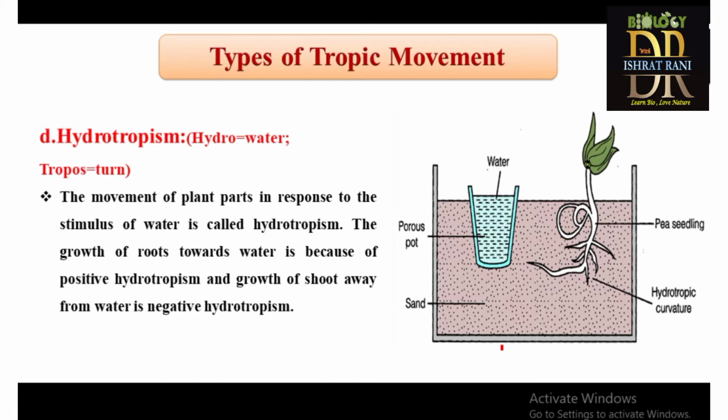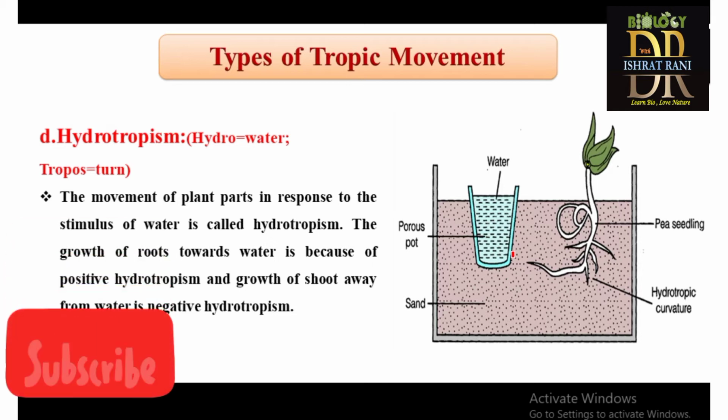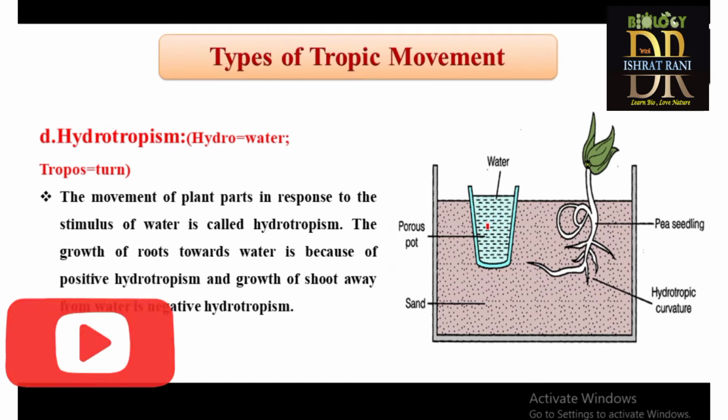Hydrotropism, as the name indicates, is movement due to the stimulus of water, and hydrotropism is shown by the roots, not by the stem. So here is the root of a pea plant, and here is a bucket of water with a porous pot, and due to its porous nature the roots are attracted towards this water source.